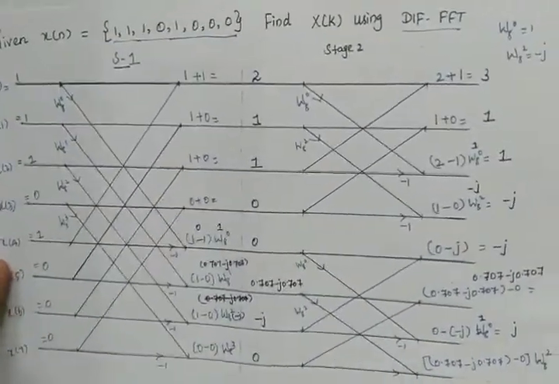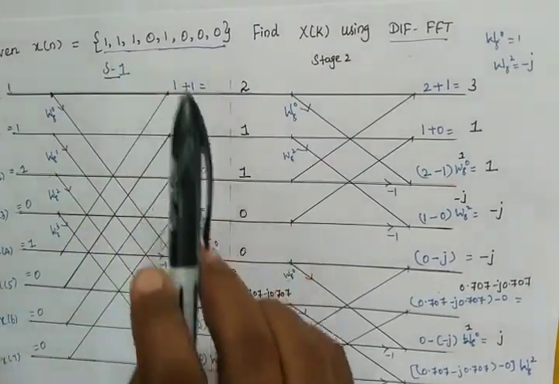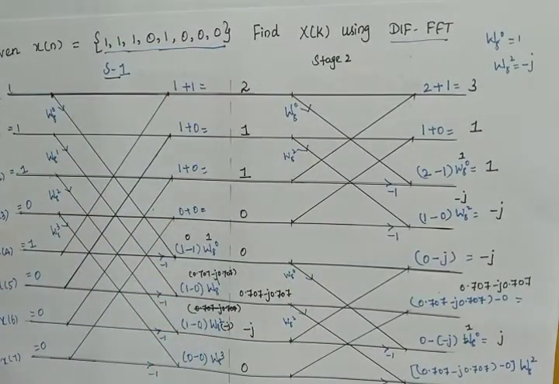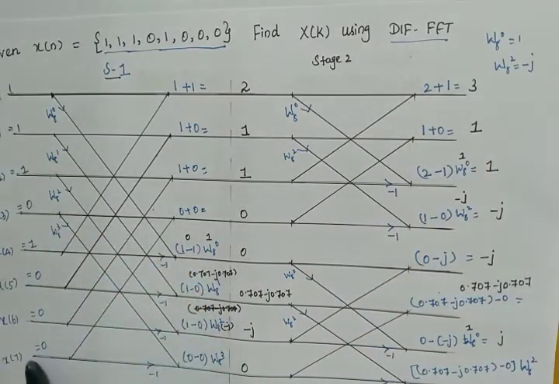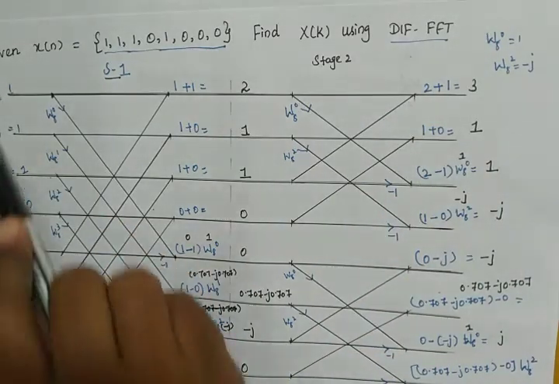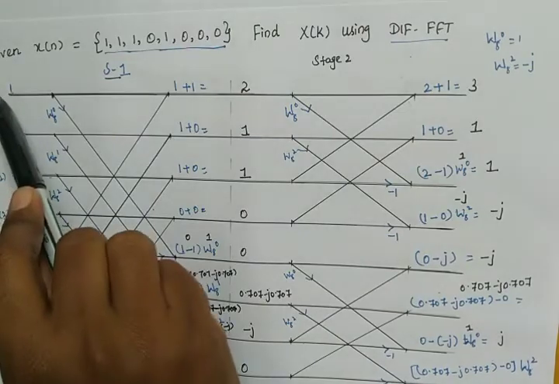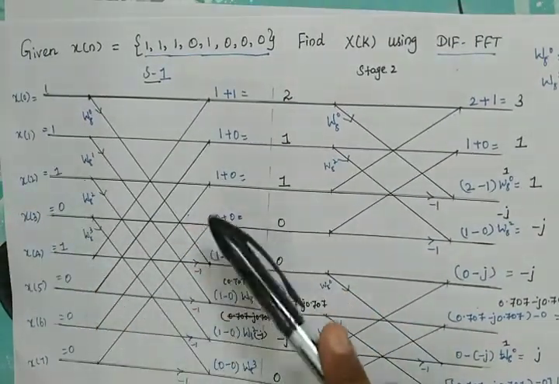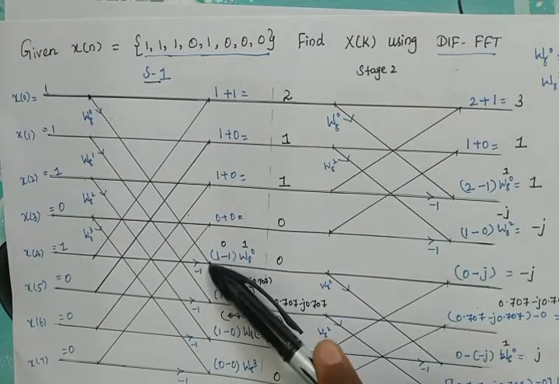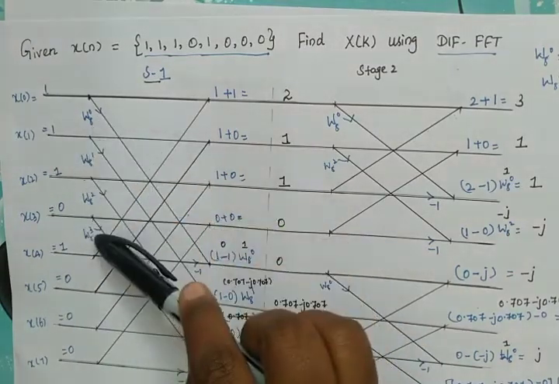So just remember, this is our DIF FFT. So this is the input sequence. This is a question for which we have to find this DIF FFT. So the first step is write the input in the original order from x of 0 to x of 7. So write this input. After that, put minus 1 in the bottom lines, then write the twiddle factor.